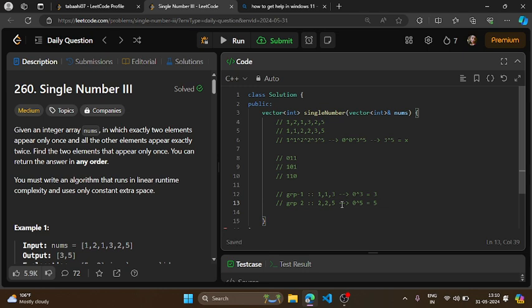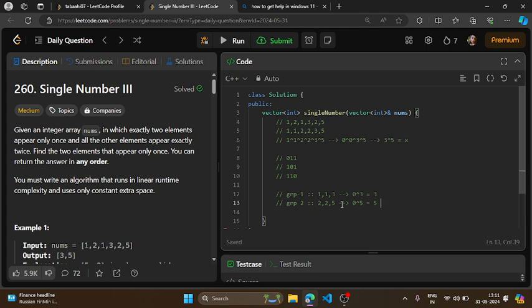So after taking the XOR of group 1 and group 2, you can definitely find the two target elements individually or separately. So this is the approach which we are going to follow. In this way we can find both these elements separately and we can return them as the answer. I hope you get the approach. Basically, first of all, we are taking the XOR of the entire array.